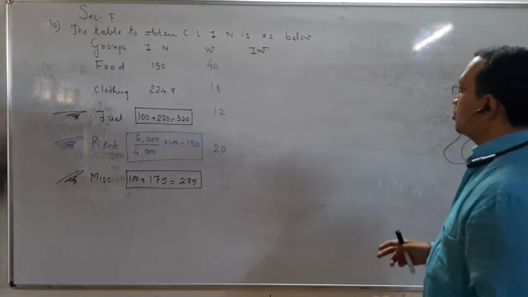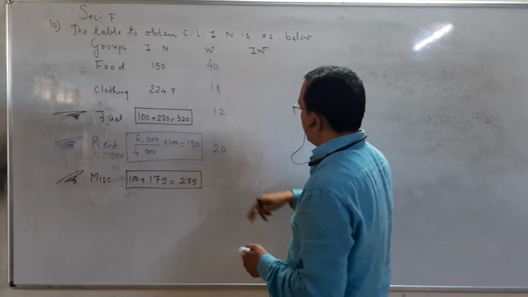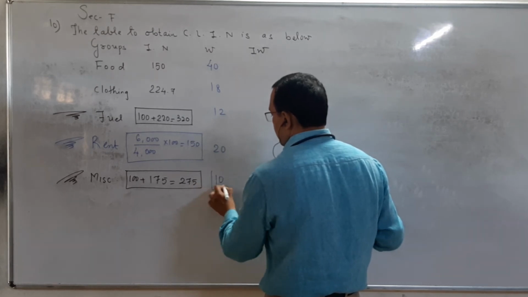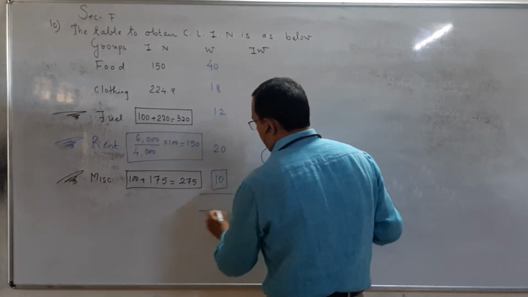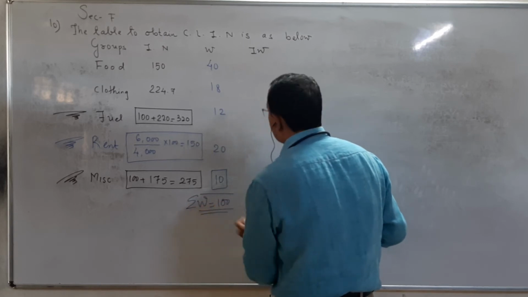Now students, if I total this much, 40 plus 30, 70 plus 20, 90, so this will have weight as 100 minus 90, so 10. Weight is 100%, so total of weight is 100.